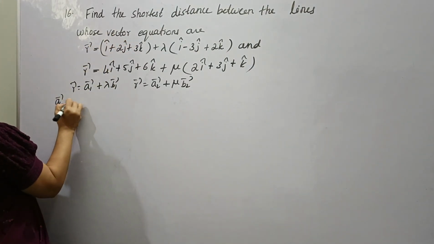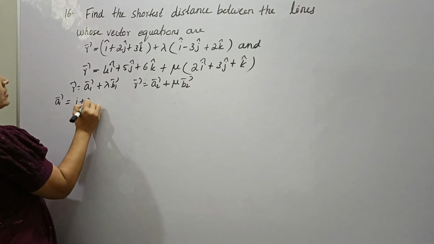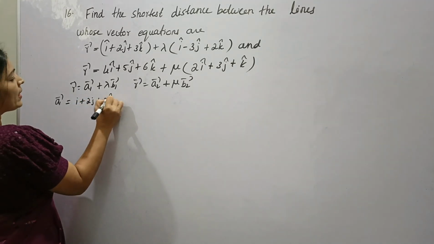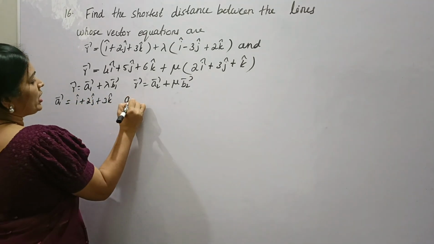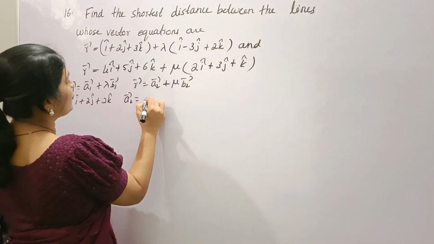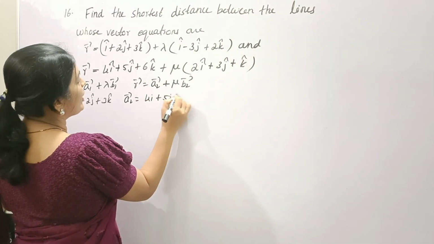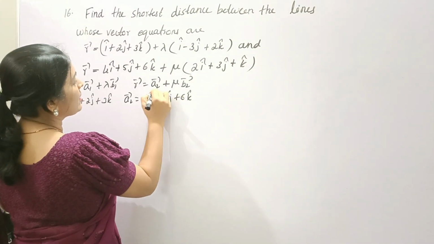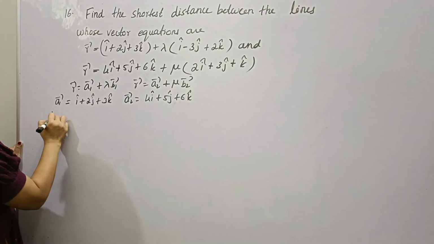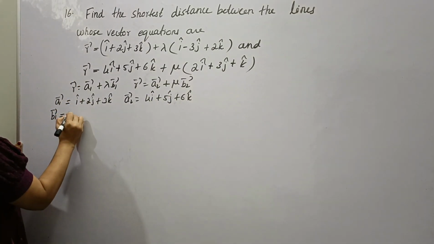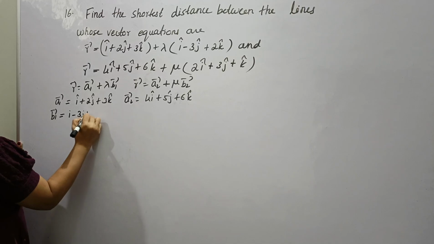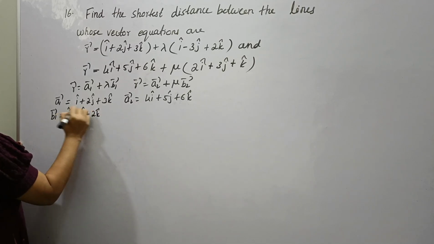Now let's compare. So here we get vector a1 is equal to i plus 2j plus 3k. Vector a2 is equal to 4i plus 5j plus 6k. Vector b1 is equal to i minus 3j plus 2k.